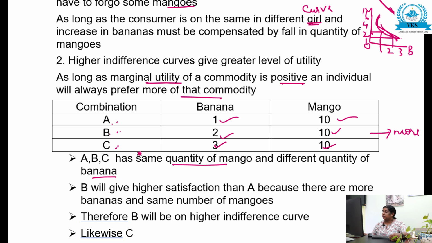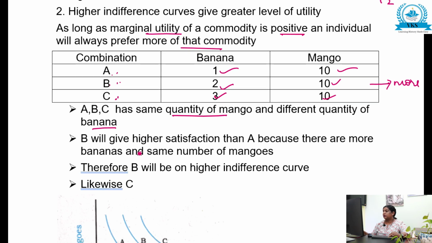That means the more the number of bananas, with the number of mangoes remaining the same, the more the satisfaction. So B will give higher satisfaction than A because there are more bananas and the same number of mangoes. Likewise, C will give more satisfaction than B because here the number of bananas is more and the same number of mangoes is available.